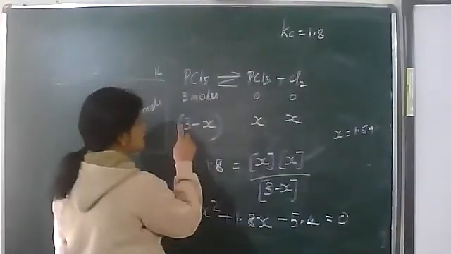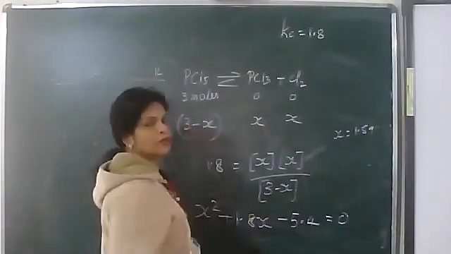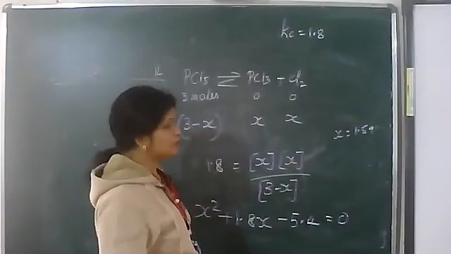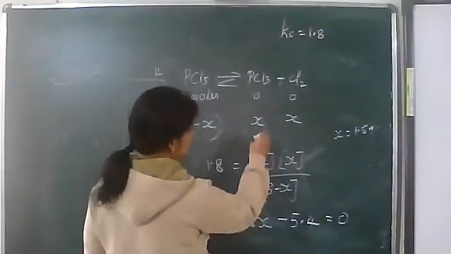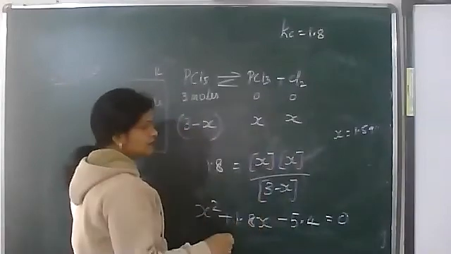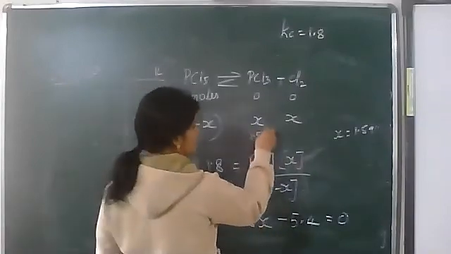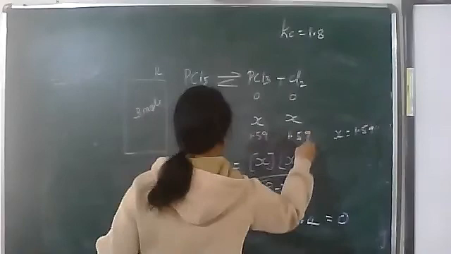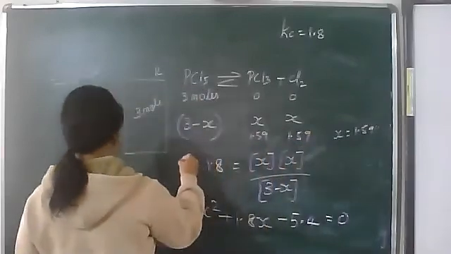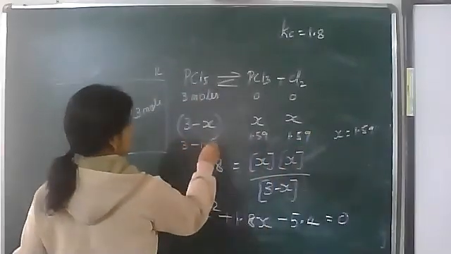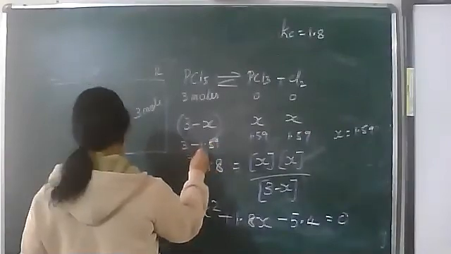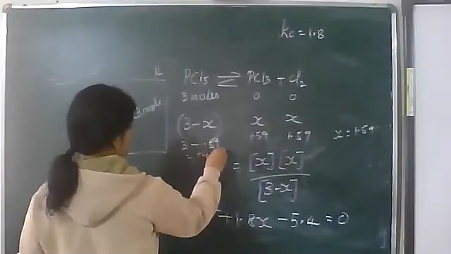The remaining PCl5 is 3 minus 1.59, which is 1.41 molar.